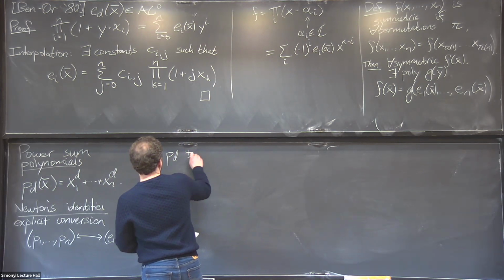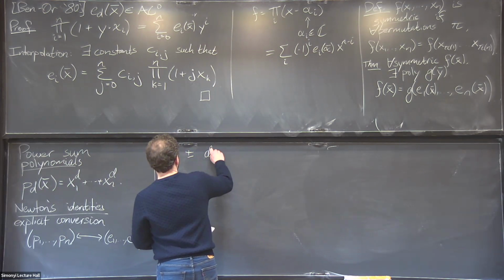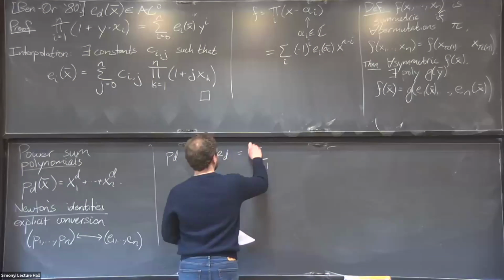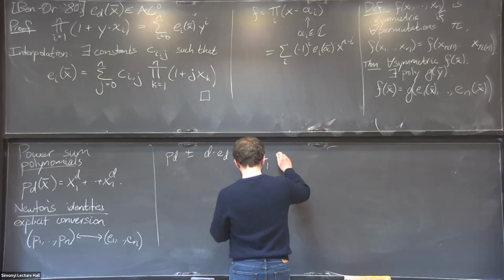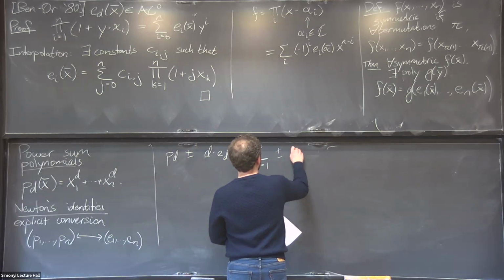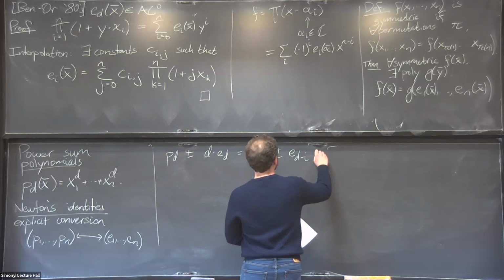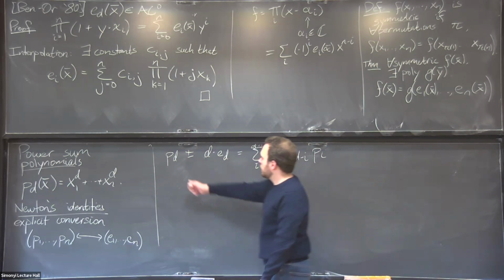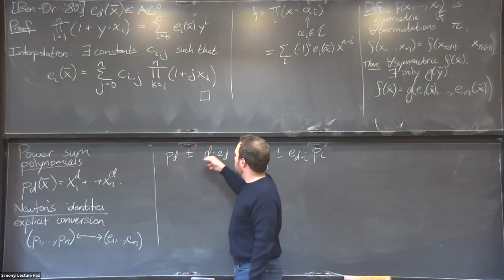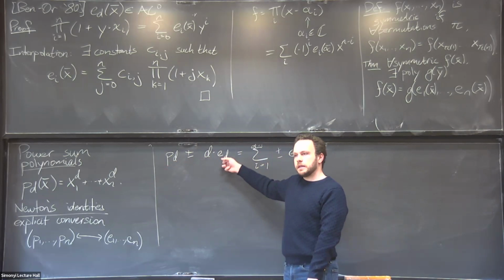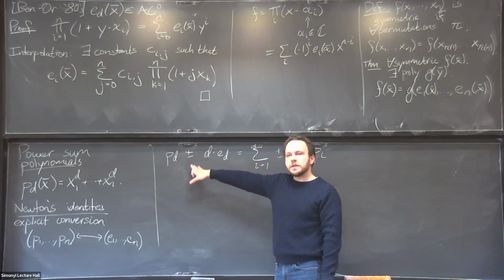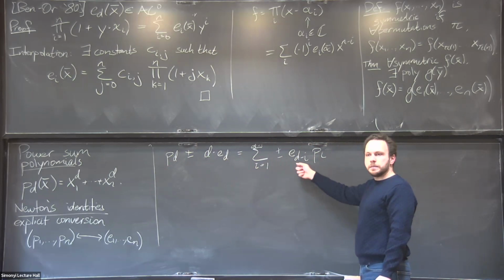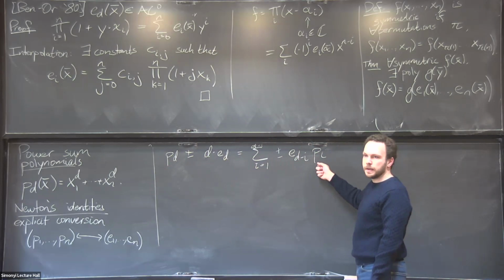Well, you have some identity like this: if you take the dth power sum plus or minus d times the dth elementary symmetric polynomial, and you can determine these signs but don't worry about them, you can write this as some inner product between the elementary symmetrics and the power sums.